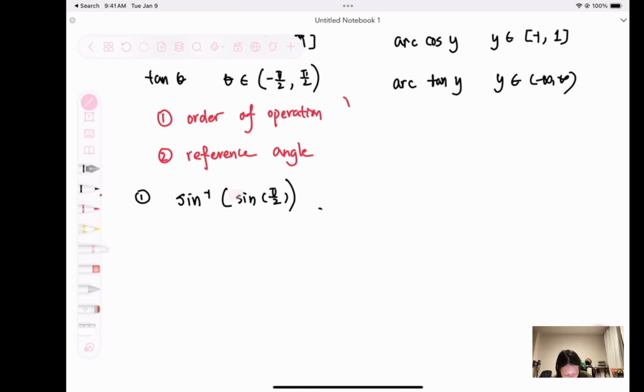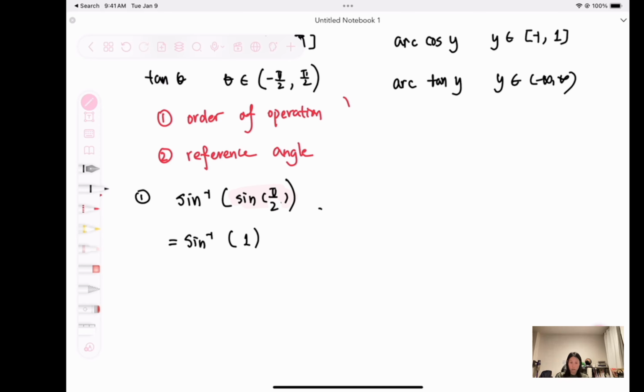That means I want to calculate inside the parentheses first. Sine pi over 2 is equal to 1.